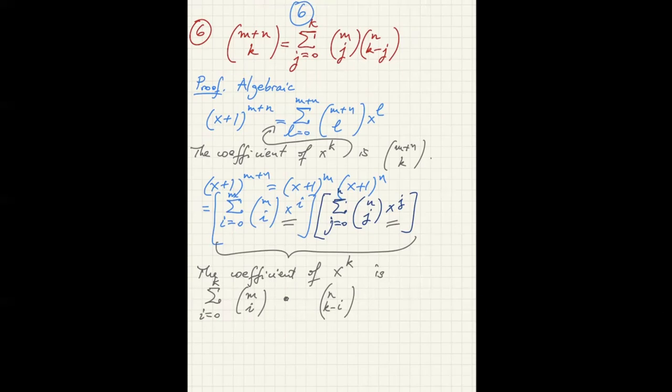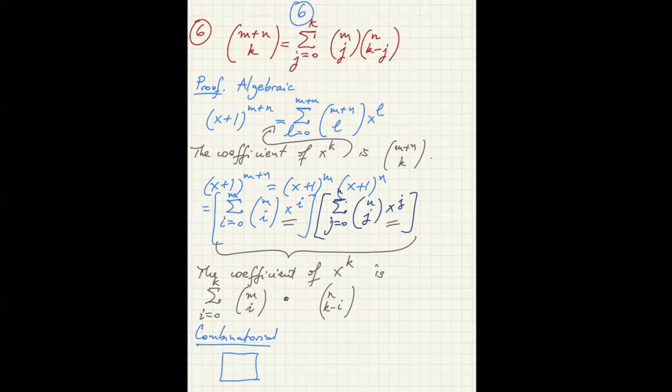This is sometimes called a convolution identity. Now let's do a combinatorial proof of this fact. It's very similar to the above proof.